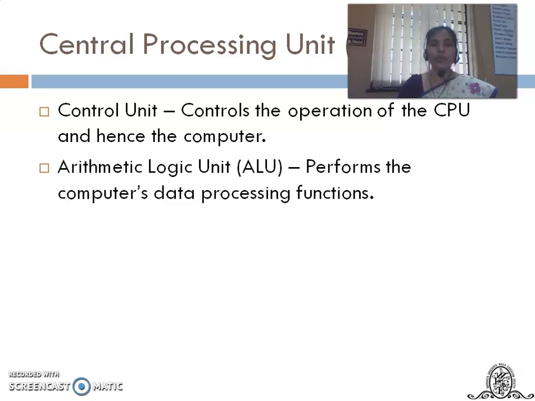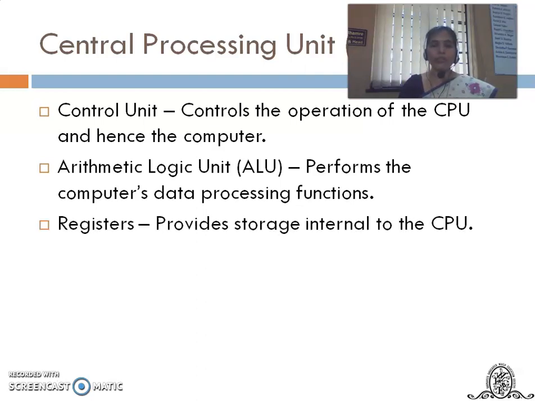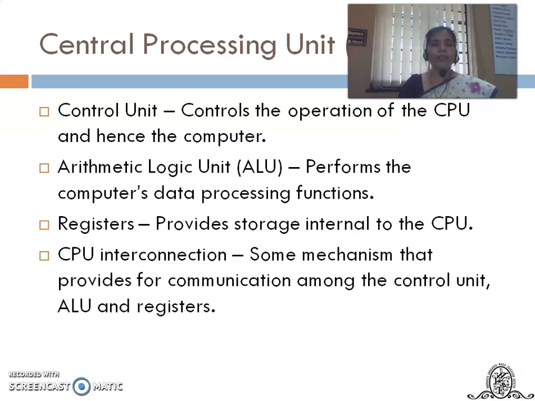The arithmetic logic unit is the unit which is responsible for data processing functions. Registers are required for temporary storage while this processing is going on. So it provides a small internal storage to the CPU. It is not like the main memory storage. It is just an internal storage to the CPU. And the CPU interconnections, again, these are some mechanisms via which we can have data transferred from the ALU to the registers, back to the ALU or to the control unit, and so forth.